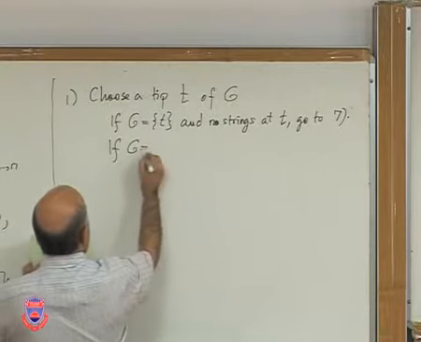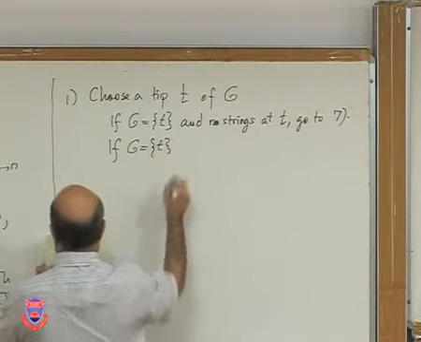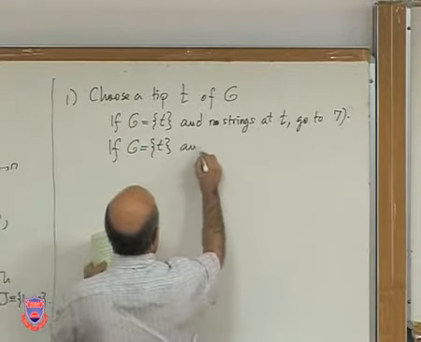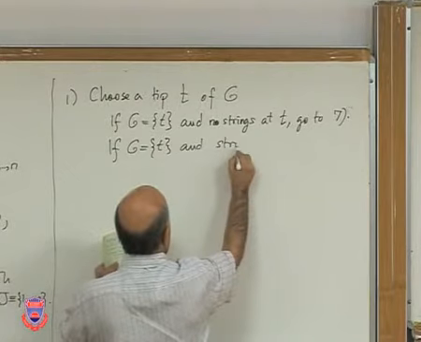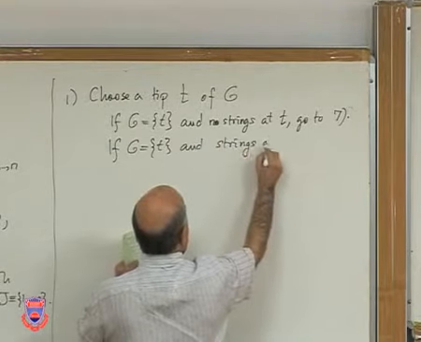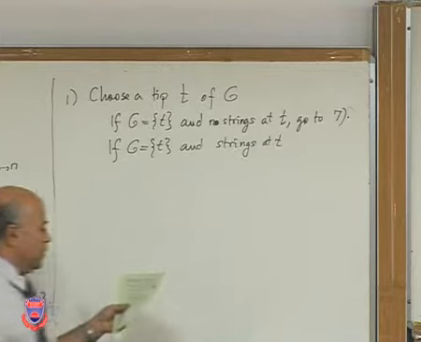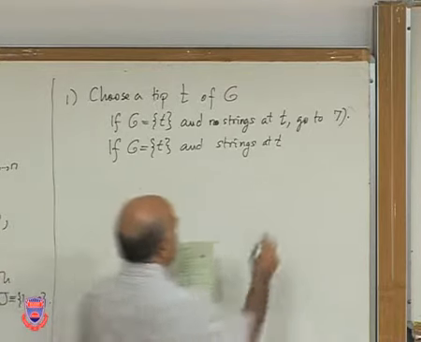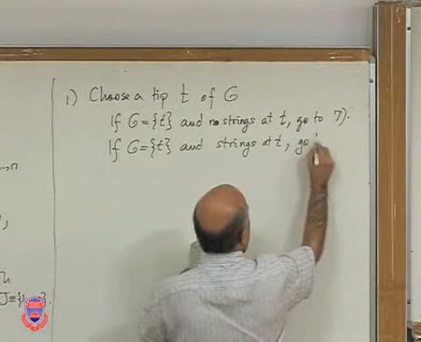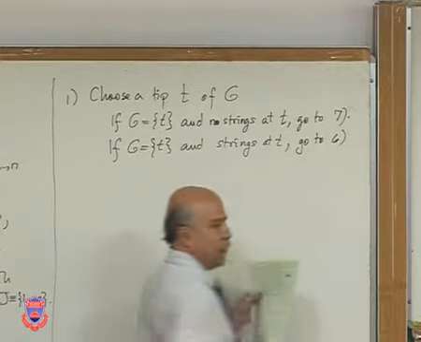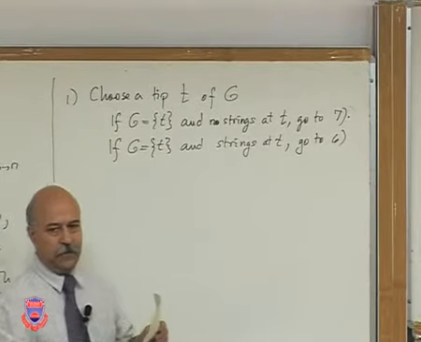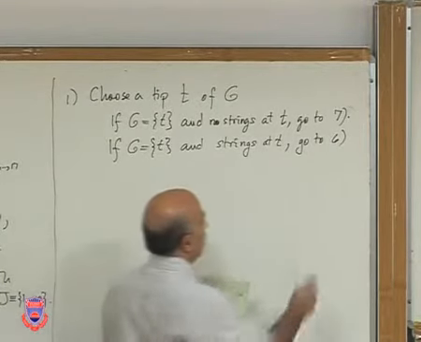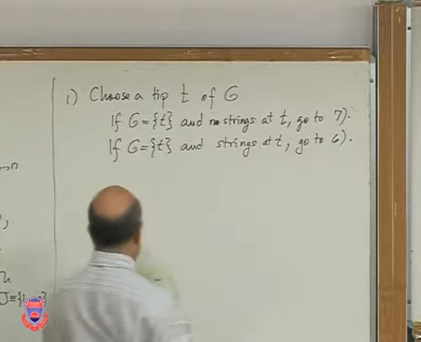If G is T and there are strings at the vertex T, we again go to a termination step, but we have to do a little bit further processing, and that's step 6.